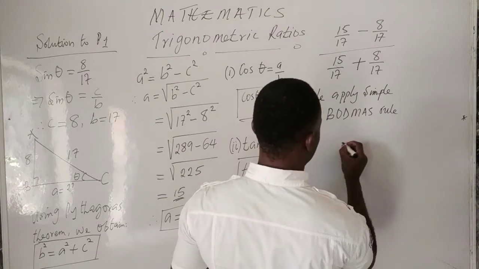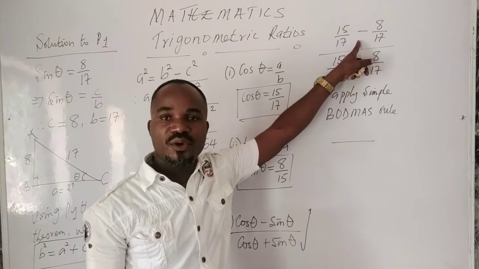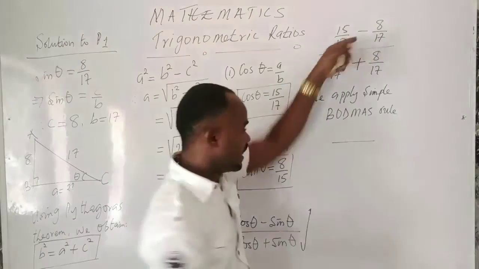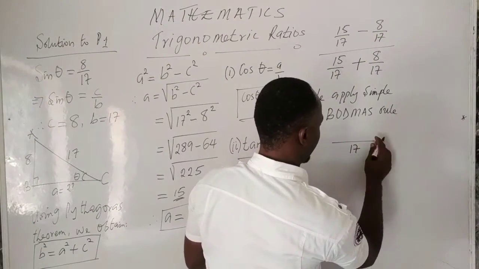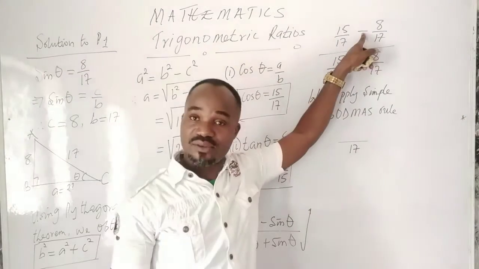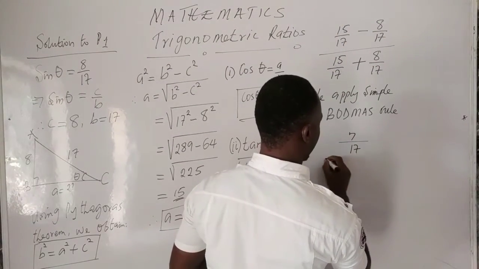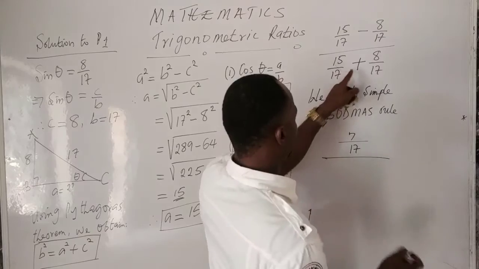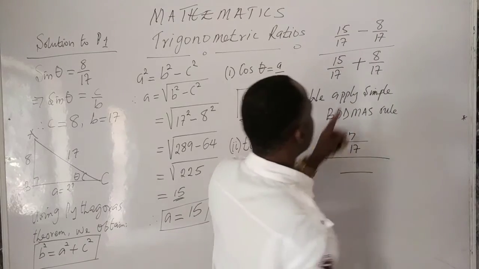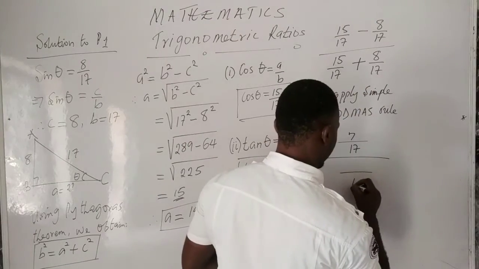First of all, we find the LCM of the numerator, and the LCM is just 17. And then we operate with the sign there. That's minus sign. 15 minus 8 will give 7 all over 17. We now find once again the LCM of the denominator, still 17.